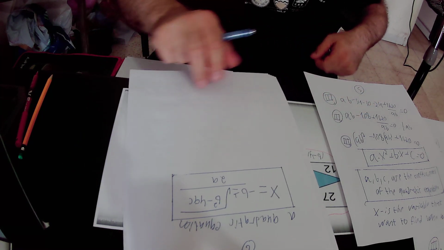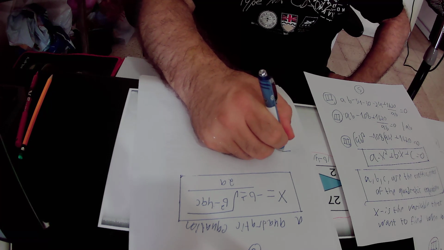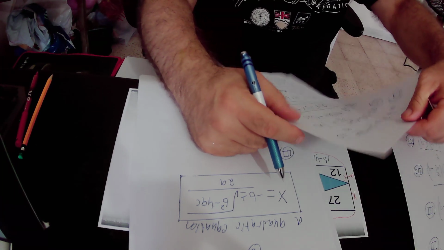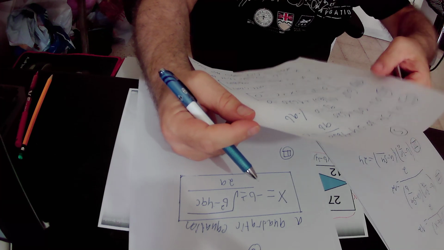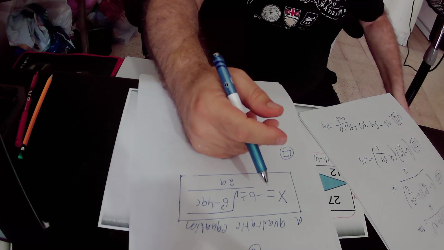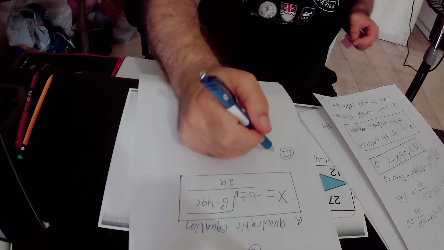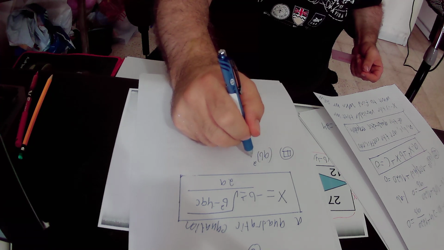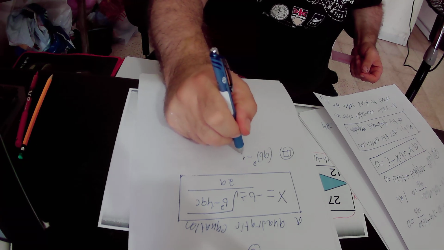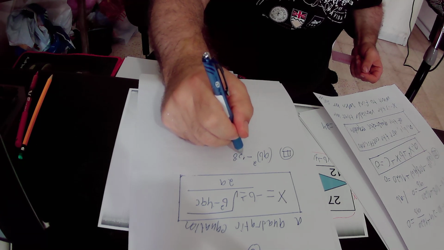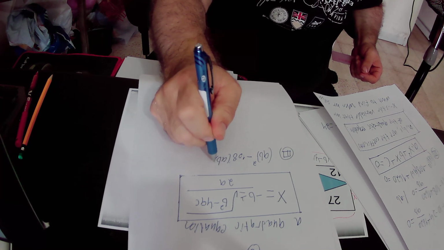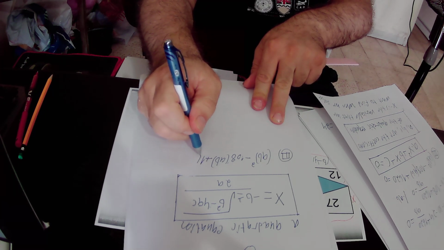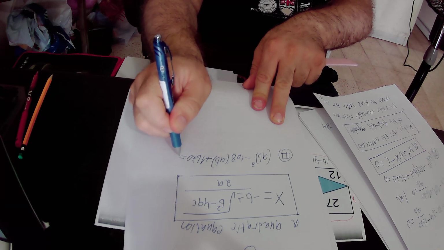First of all, I write down our quadratic equation: AB squared minus 108 AB plus 1620 equals 0.